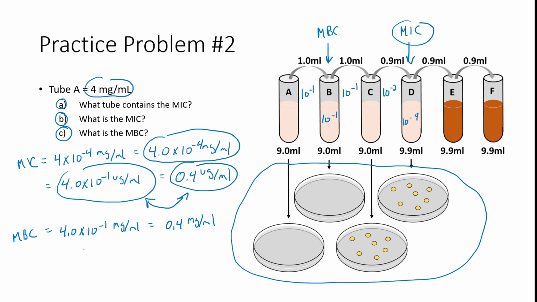And if I asked you to convert this to micrograms per mL, it would be 4.0 times 10 to the 2 micrograms per mL, or you could just put it as 400 micrograms per mL. Okay, so these would be the answers in mg per mL and micrograms per mL for the MBC.